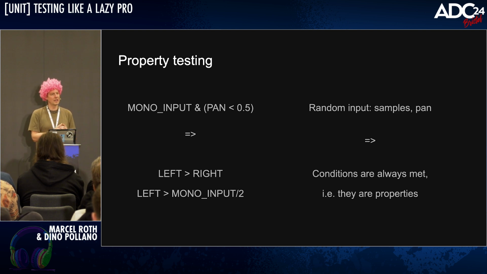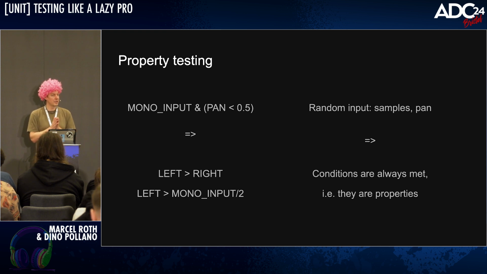And then you can apply random samples, in our case, random pan values. And for example, you can make a check, and if the random pan value you find is below 0.5, you should expect that the left channel, if it was a mono signal, is louder than the right channel.